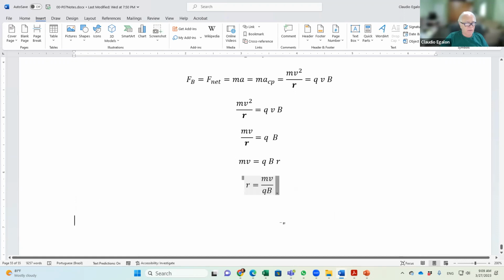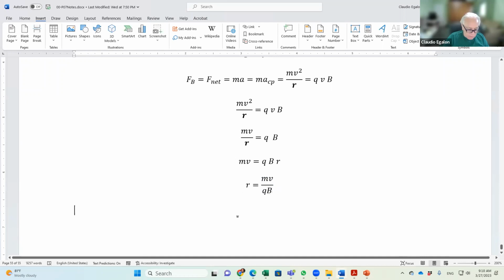Then you can start applying some numerical values to this equation, like electron mass, electron charge, a given velocity for the electron, and the value of the magnetic field.